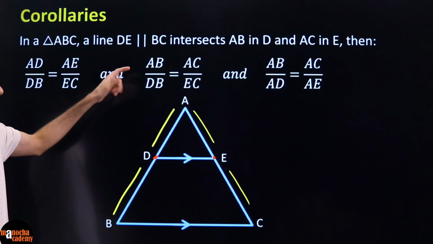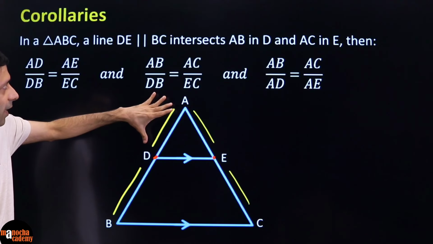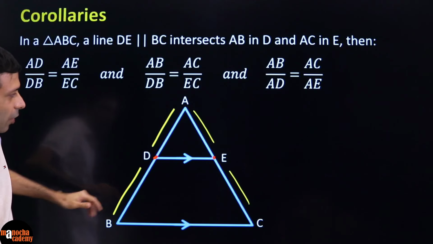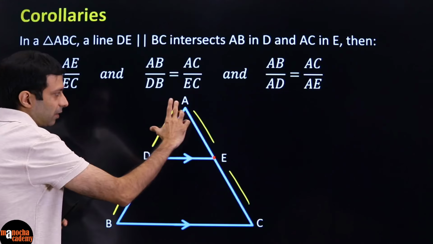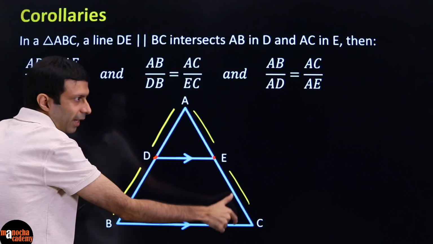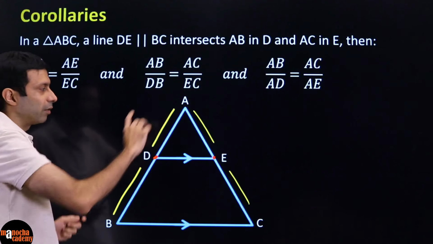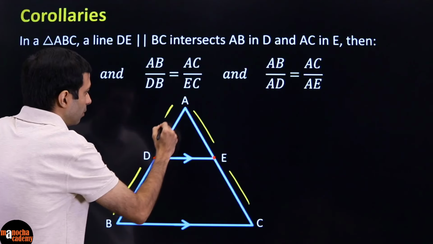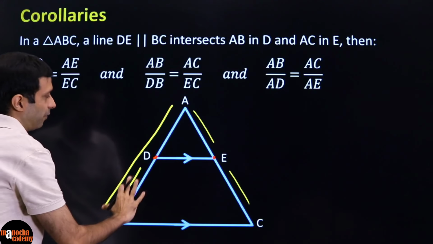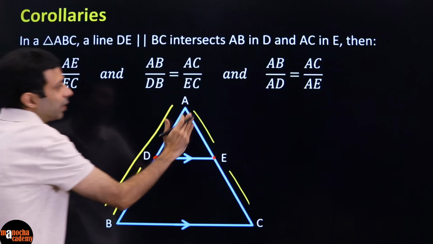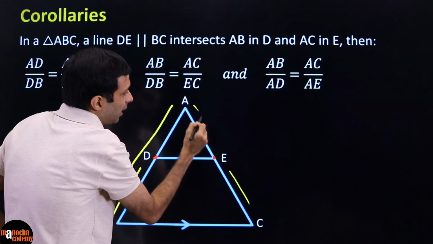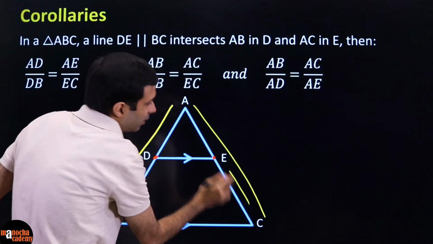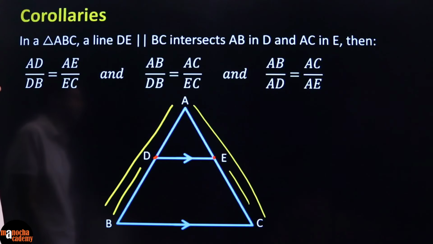But not only that, also AB. So either you take these two parts, AD by DB is equal to AE by EC, or you can take the whole line, AB divided by DB is going to be equal to AC, the entire length, divided by EC.